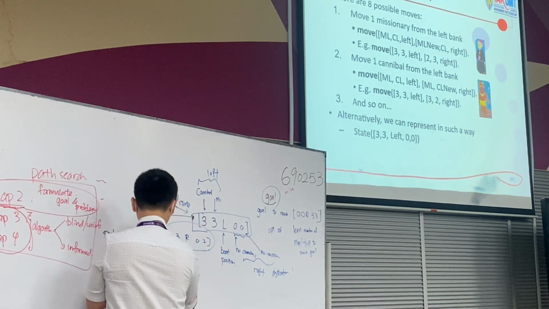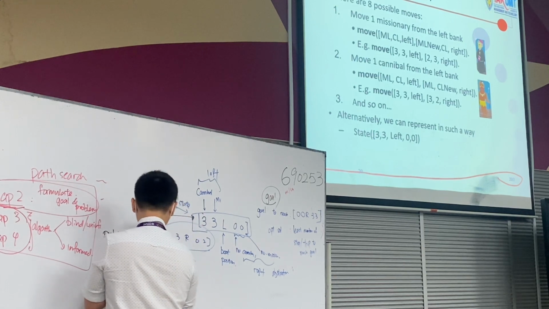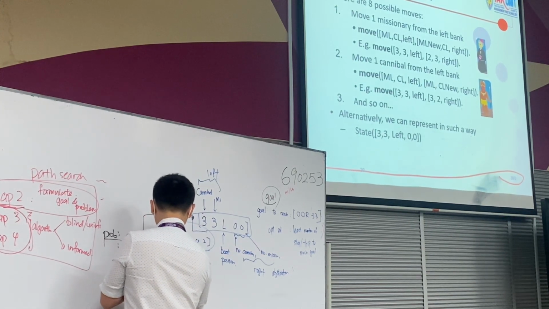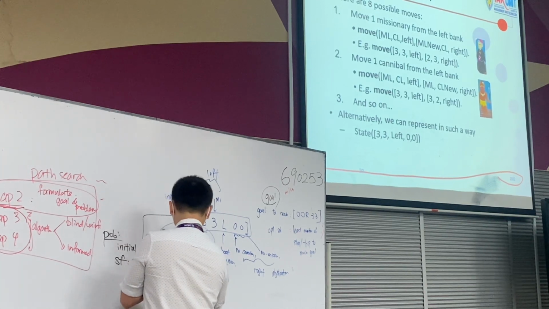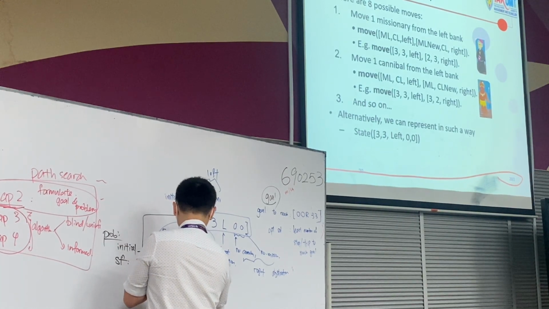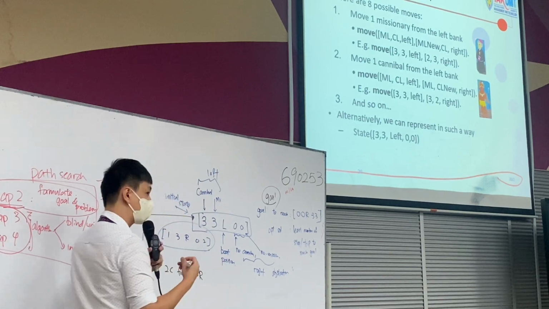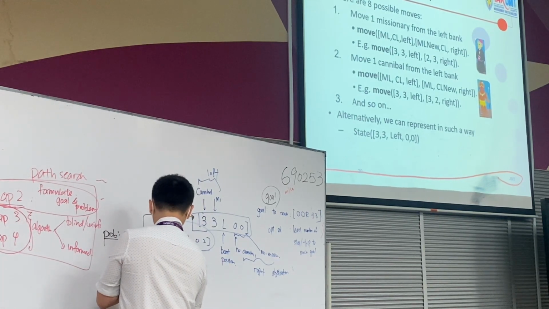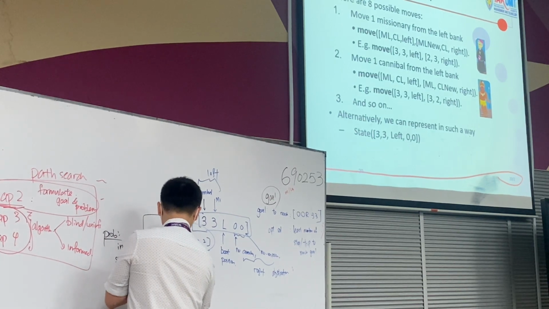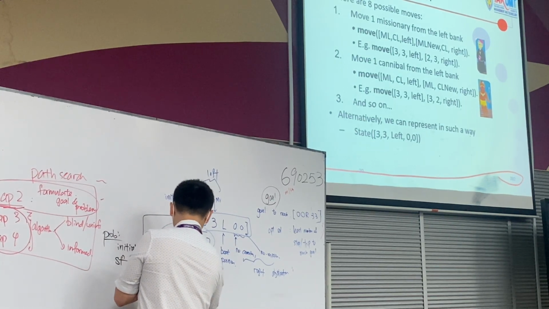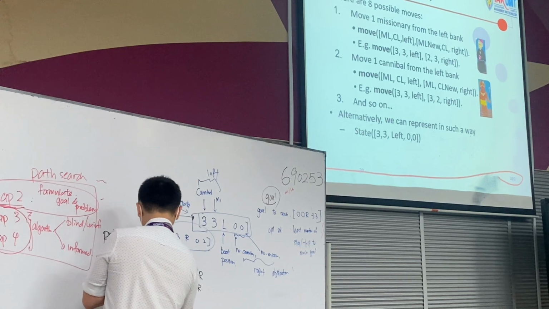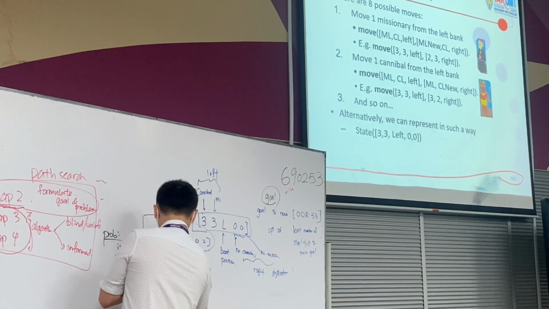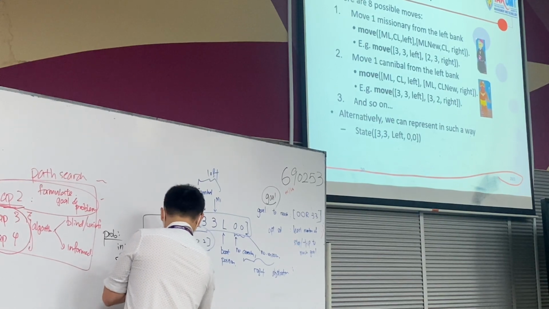This is one of the possible movements. What are the other possible movements? Move one cannibal from left to right. You can also say move one cannibal and one missionary from left to right, and so on.